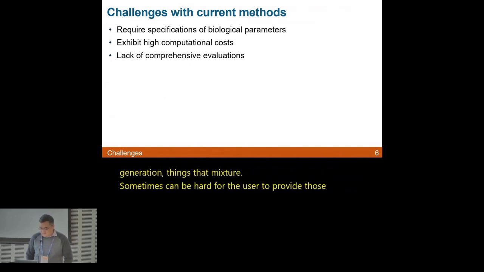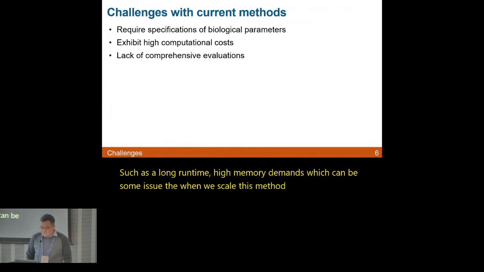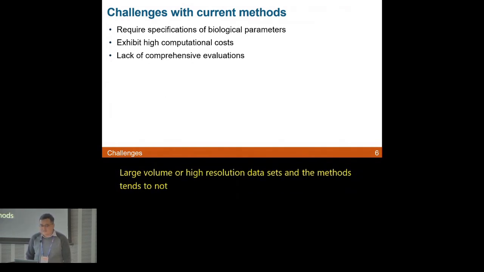Another is high computation cost, such as long runtime and high memory demands, which can be an issue when we scale these methods to large-volume or high-resolution data sets. Also, the methods tend not to have comprehensive evaluation, so users may have a hard time picking which tools they want to use for their specific studies.